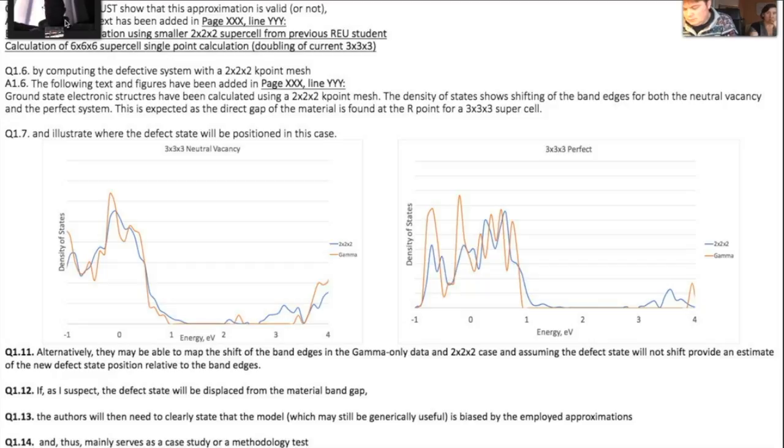With the addition of this K-point mesh, we are seeing a closing of the gap and a migration of these band edges closer together, which would prompt a more realistic absorption and emission spectrum relative to experimental values.